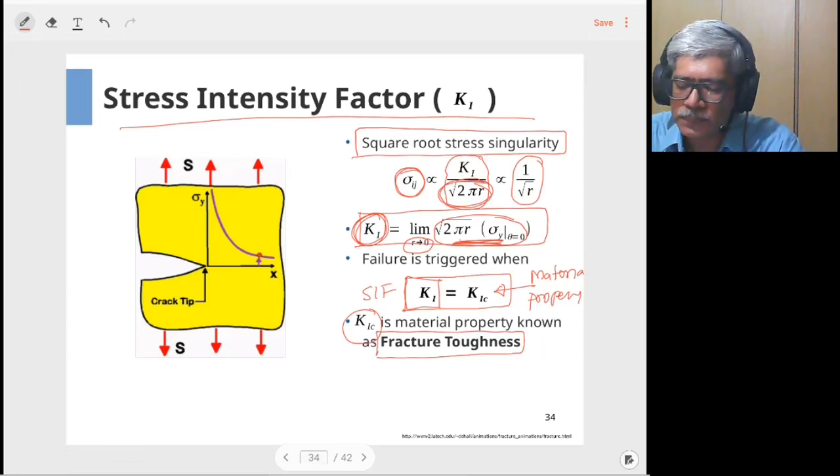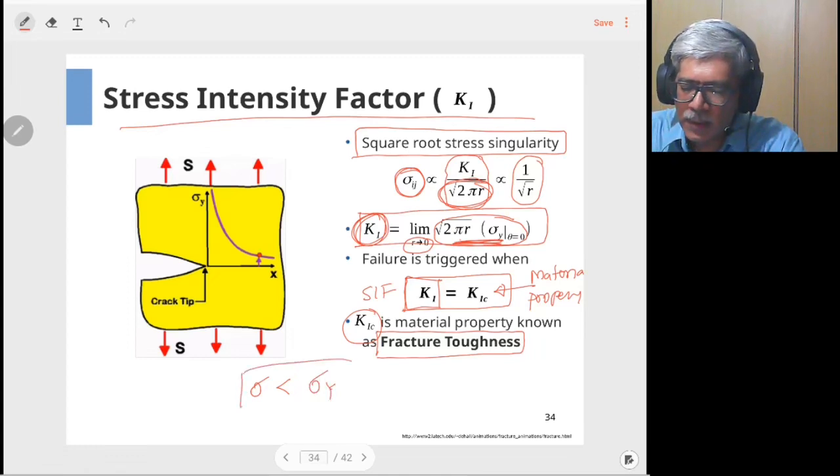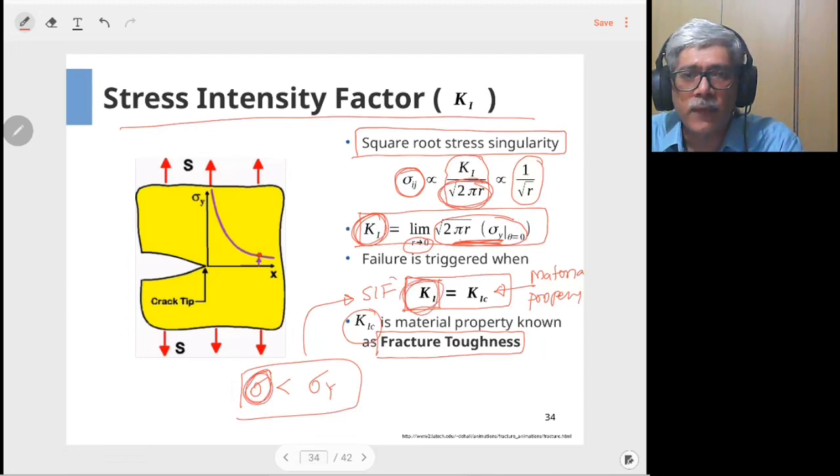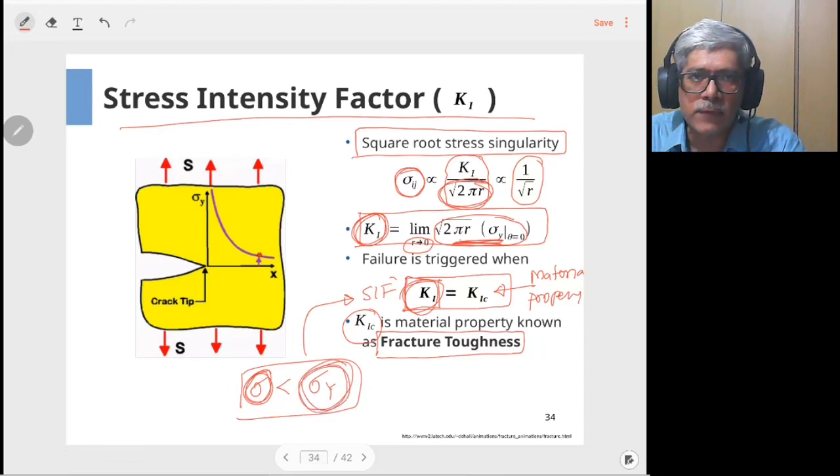or the maximum value that the material can sustain. Like in classical strength of materials, we have the equation that sigma should be less than sigma y, or sigma ultimate strength. We have an equivalent of that in fracture mechanics, where in place of sigma we calculate the stress intensity factor, and in place of the material property, which is yield strength that we can determine from the tensile test, there are certain tests which are used to determine the fracture toughness of the material.